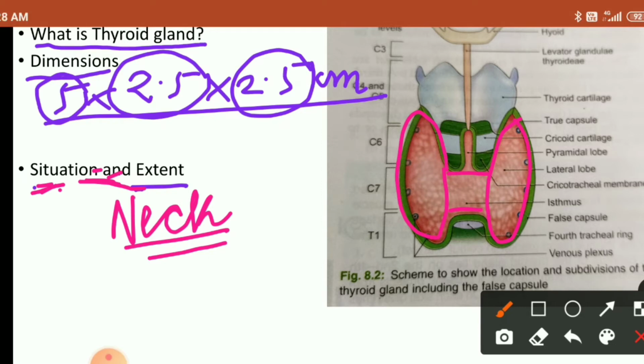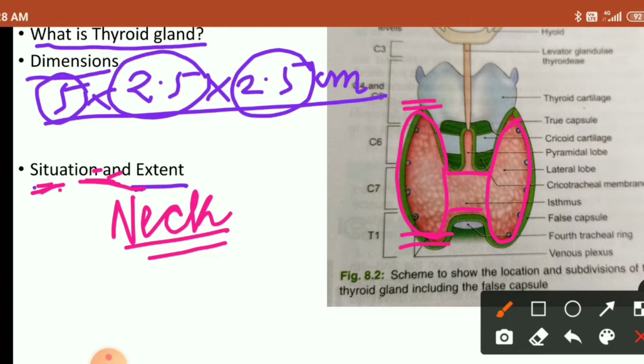In our later slides we will discuss that each lobe has one apex and the bases and surfaces, but you see that each lobe extends from the middle of the thyroid cartilage to the 4th to 5th tracheal ring.